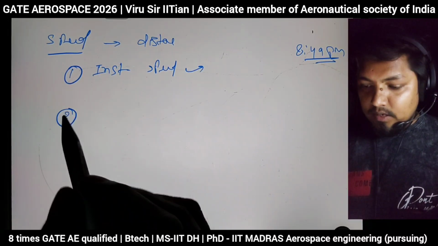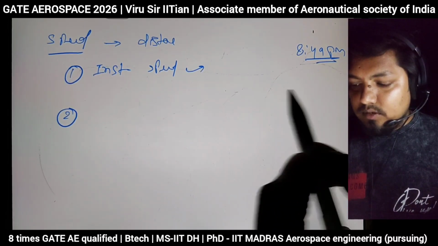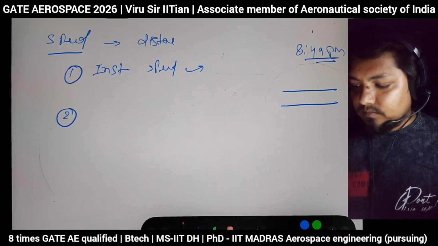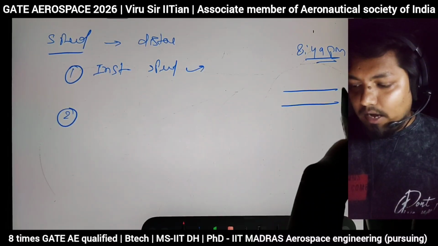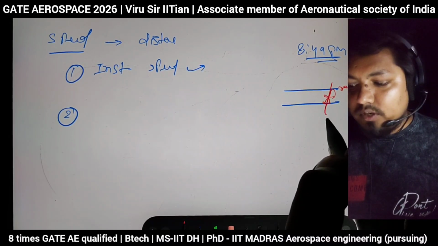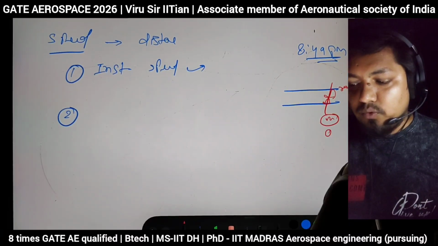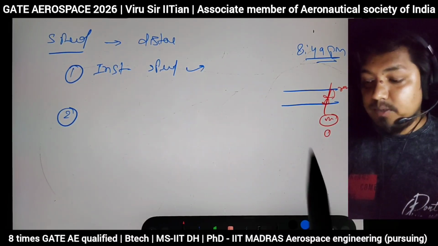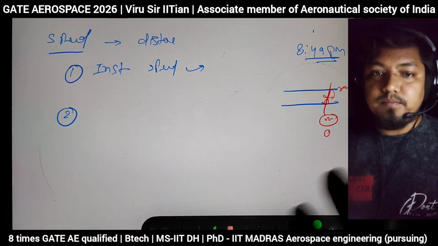Suppose on the runway aircraft are standing, so at that time your instantaneous speed is 0 because it is standing, getting ready to start rolling.